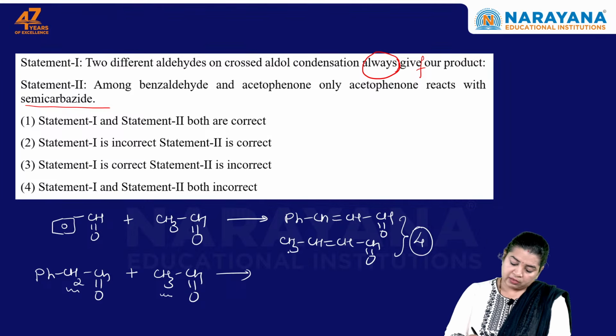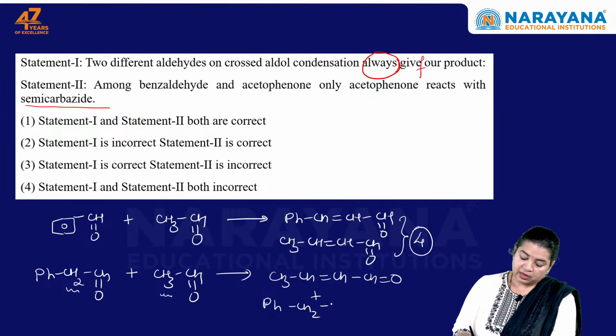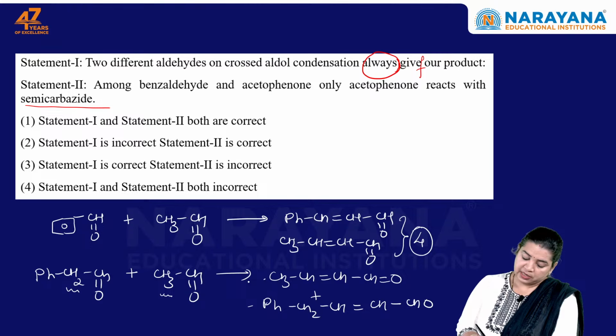I think all of you have now got the hint of what I am suggesting. Even by drawing just this much, this is the cross product. This is the acetaldehyde enolate attacking on acetaldehyde.